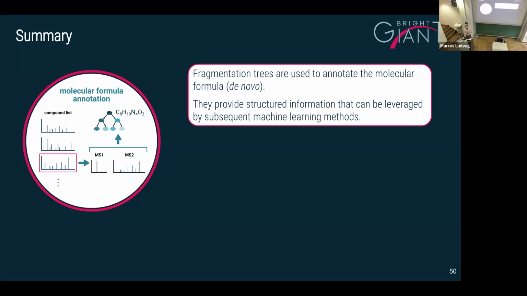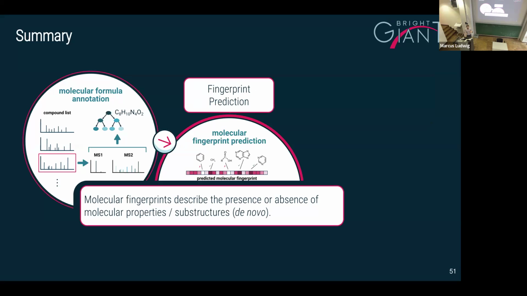So your compound doesn't need to be in any database because we just generate all possible molecular formulas, and you can really find novel molecular formulas you haven't seen in any database before. And the fragmentation tree also gives you structured information of your data, and this is really important for the machine learning to predict the molecular fingerprint. So this molecular fingerprint is really a central core part of what we are doing in the structure analysis.